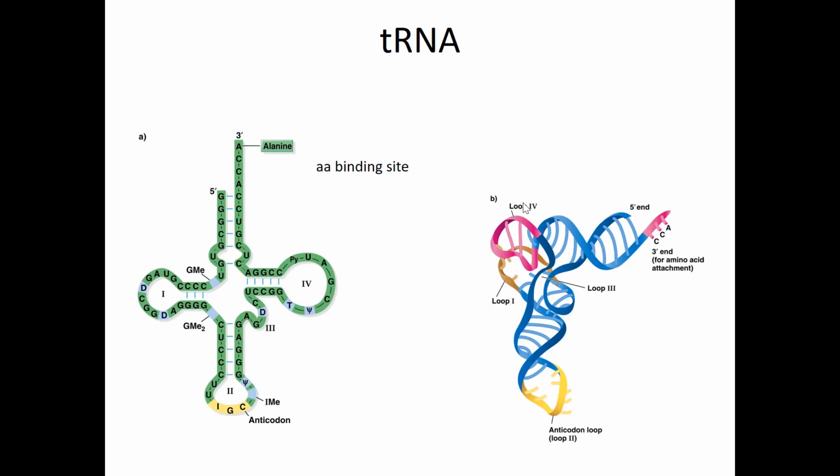So here's one of the players involved in this process. This is transfer RNA, or tRNA, and its transcription is very similar to what we saw in transcription of our pre-mRNA. The difference is it has different initiator sequences, different promoters, and it's transcribed by a different RNA polymerase, but the overall process is very similar.